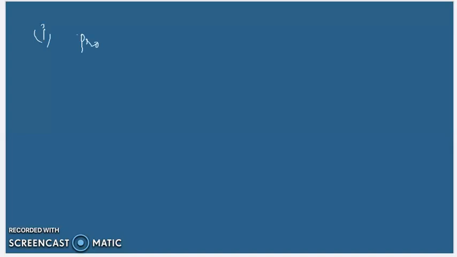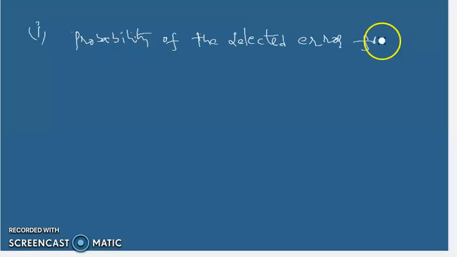probability of the selected error form checked by clerk 1.